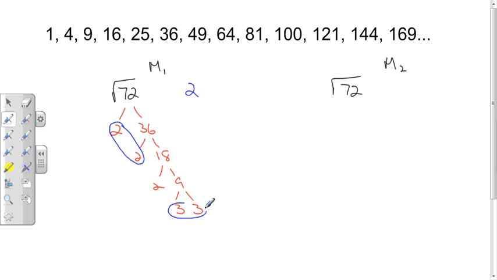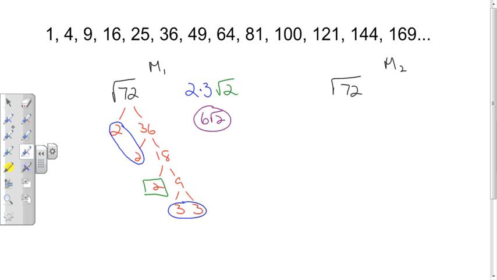I have 2 factors of 3, which will become 1 factor of 3. And again, when I lasso 2 of them, I pull it outside the square root. And then I also notice that inside the square root shall be this lone 2. So I'll leave that inside because it doesn't have a pair. And that brings me down to simplifying into 6 root 2.